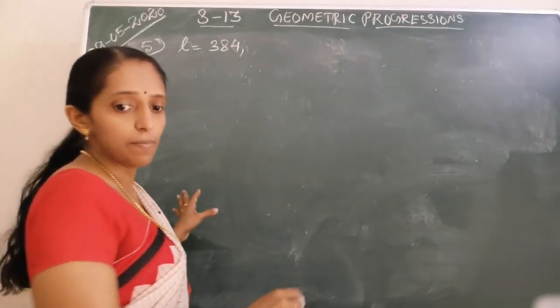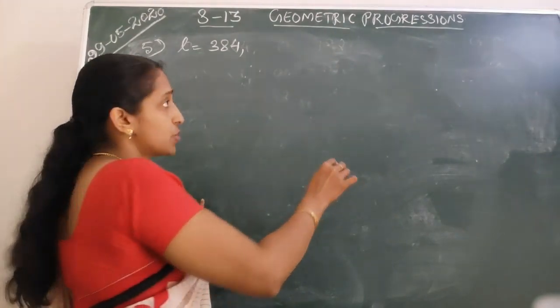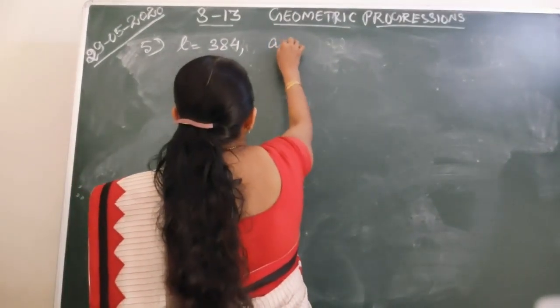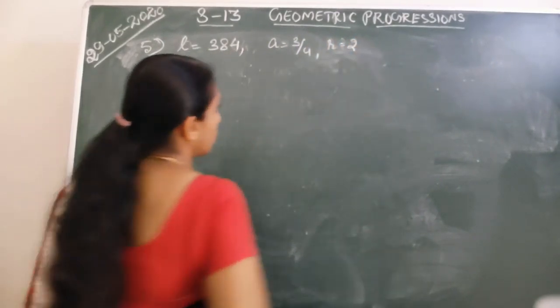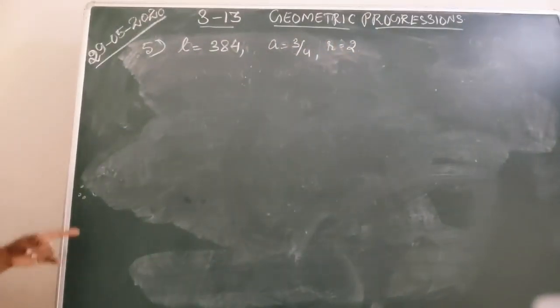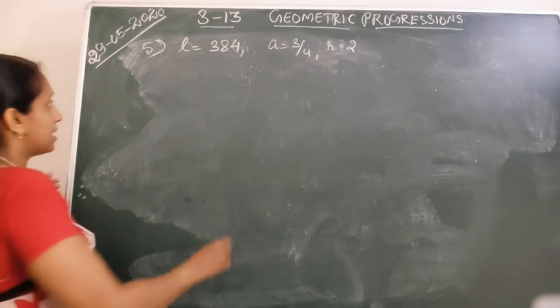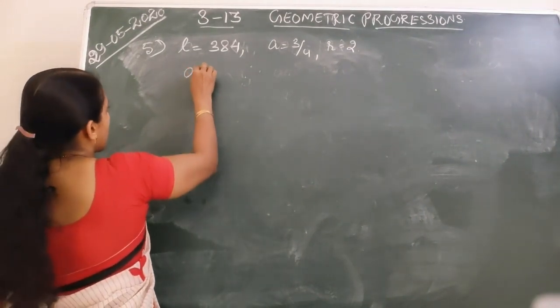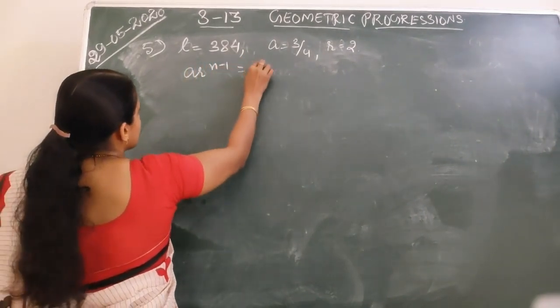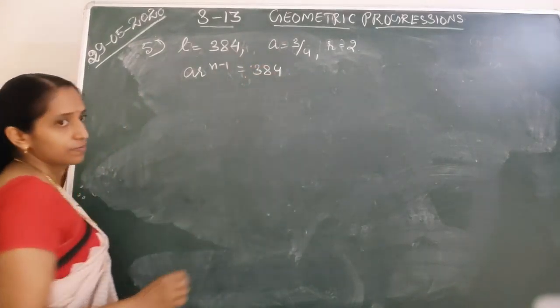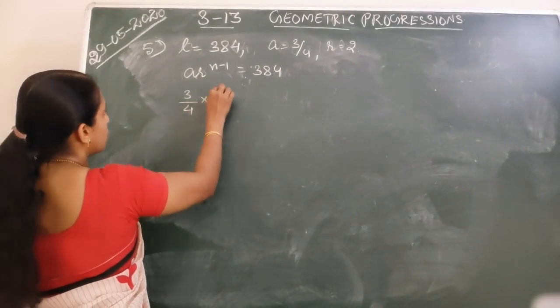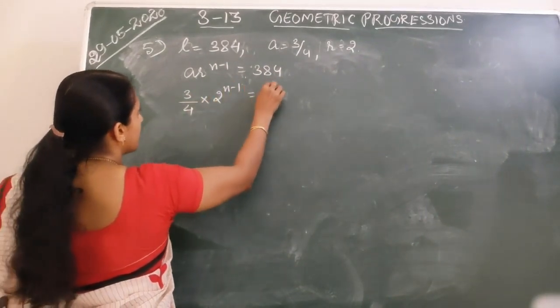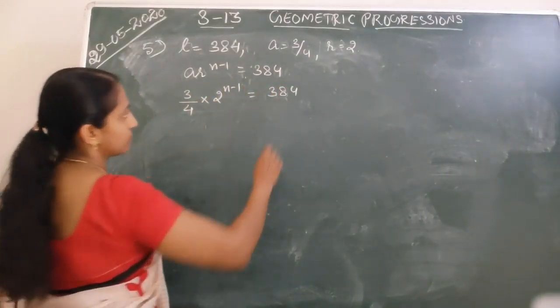A is given 3 by 4 and common ratio is given as 2. You have to calculate n. What is n? That is A into r to the power n minus 1 is given as 384. 3 by 4 into 2 power n minus 1 equal to 384.